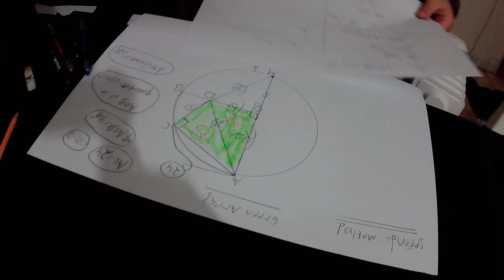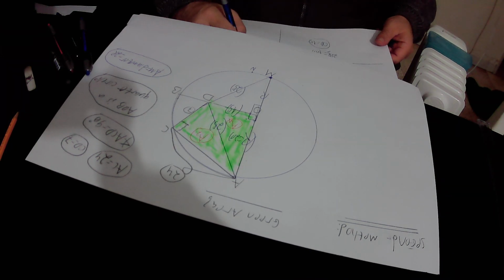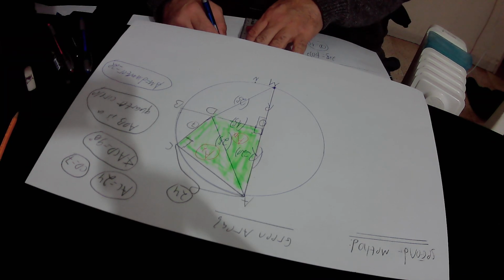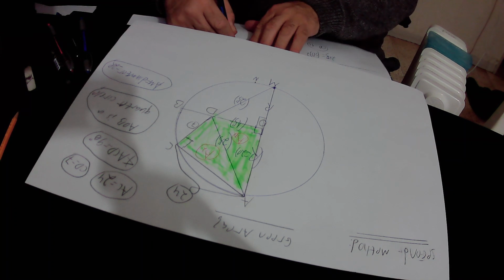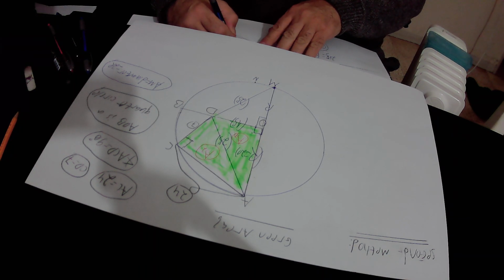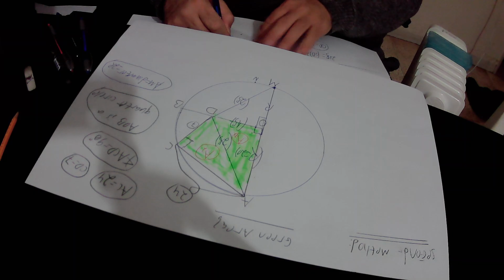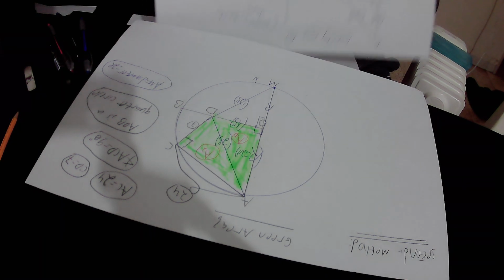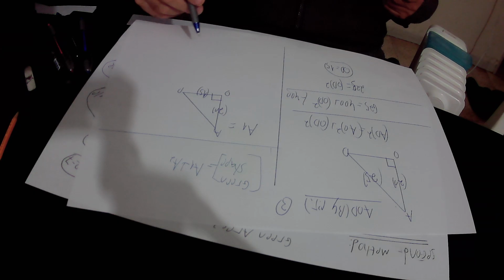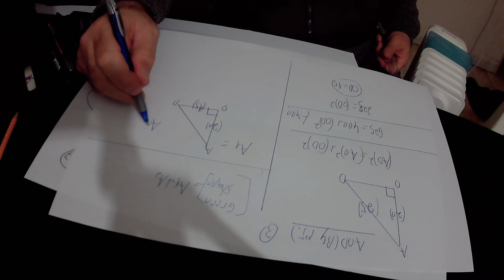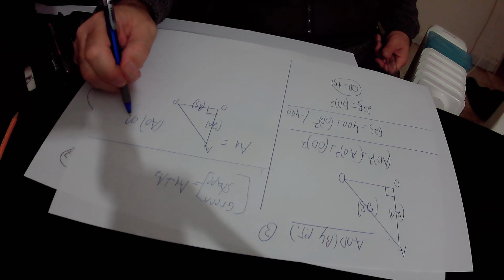A1 is the area of the green triangle AOD, so I'll copy the green triangle AOD here and we'll find the area of this green triangle. The area of this green triangle will equal AO times OD over 2.